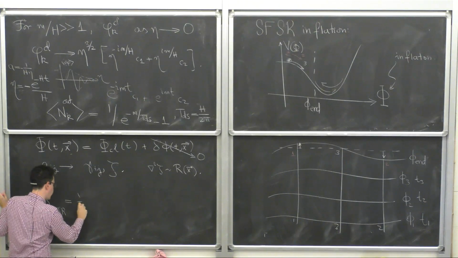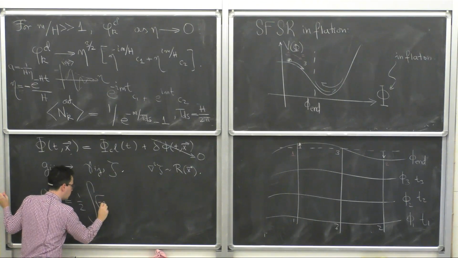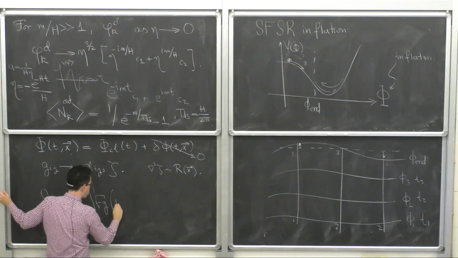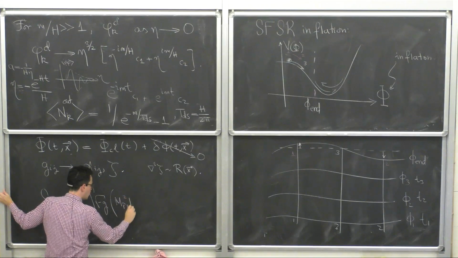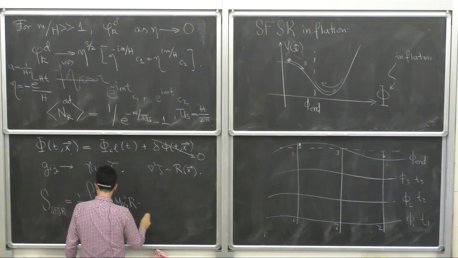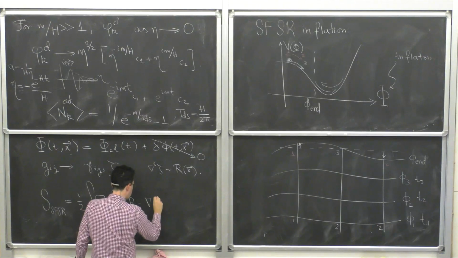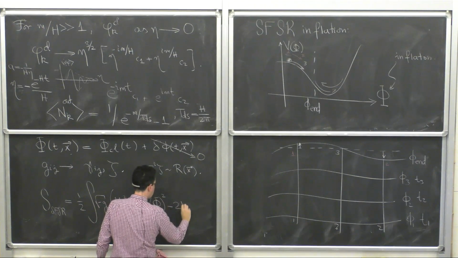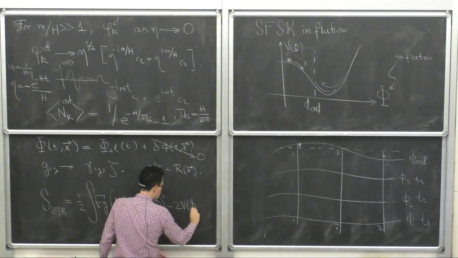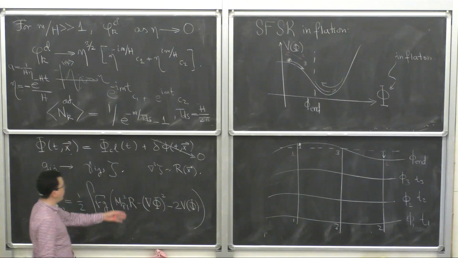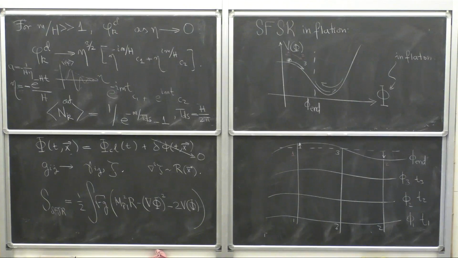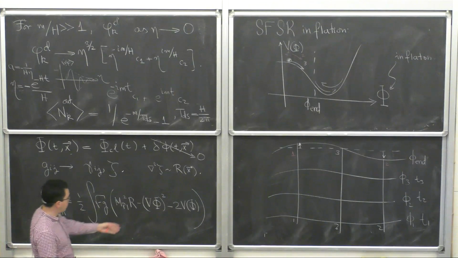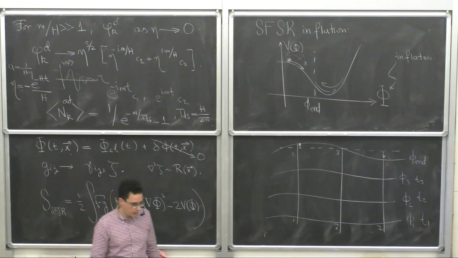So it's 1/2 into... So just GR and a scalar field with a potential, that potential up there.